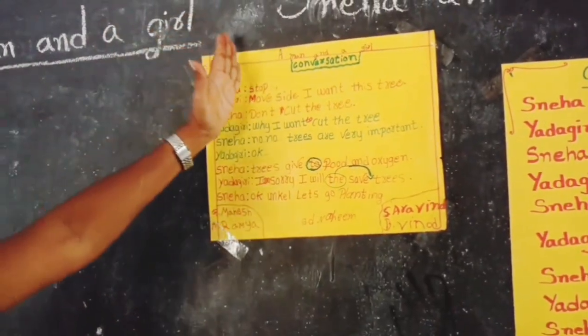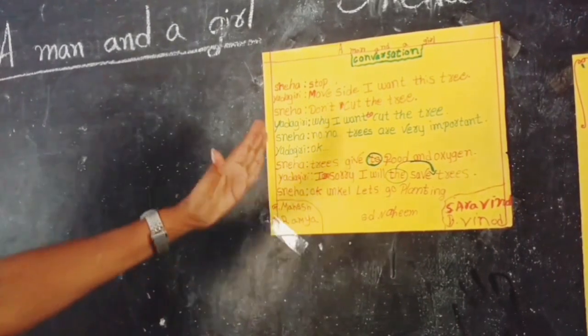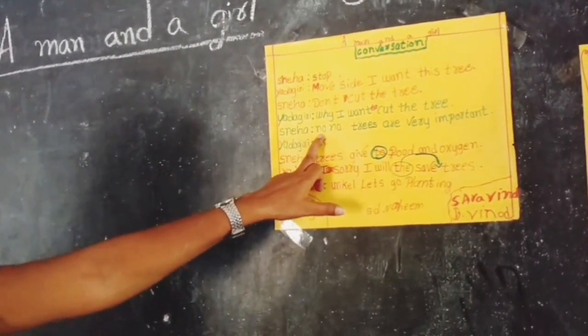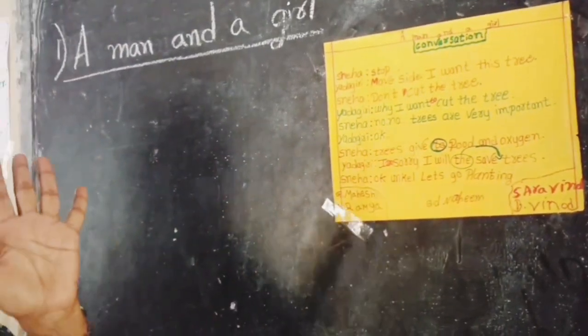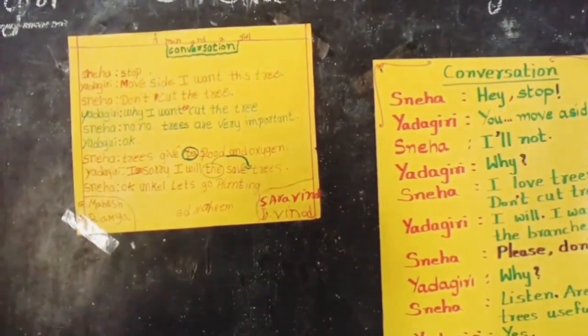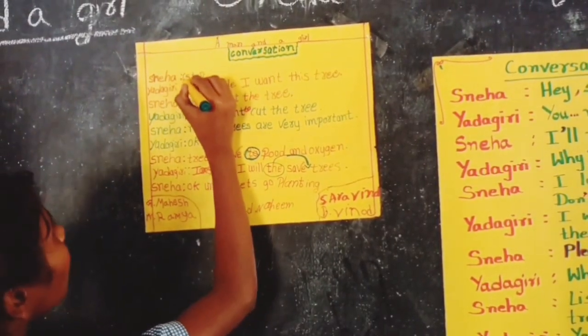Now look here. See, did all the sentences begin with the capital letters? All the sentences, look at this sentence, did it begin with capital letters? Yes. No. Okay, so do you want to make any changes? Yes. So, you want to add capital letters at the beginning of the sentences. Yeah. Do.